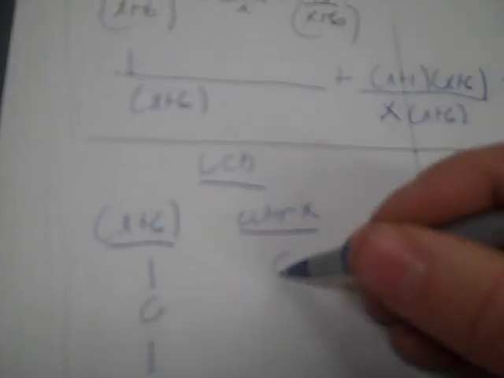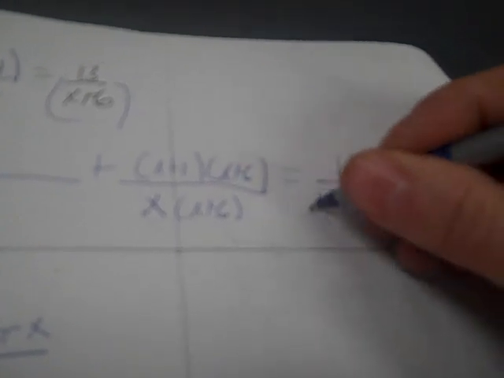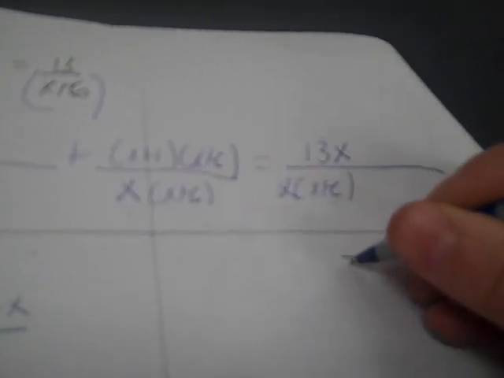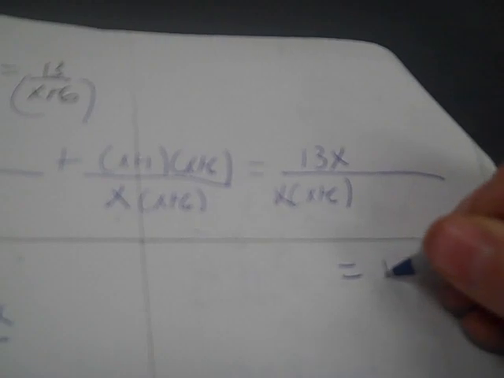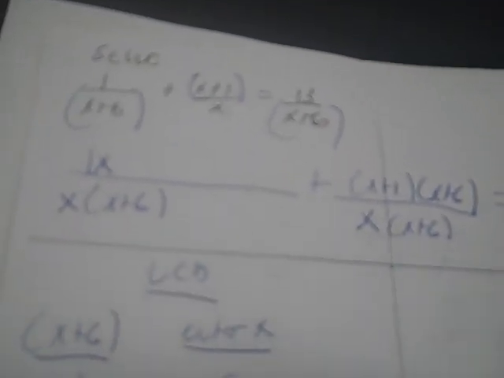Outer x, I got 0, 1, 0. Remember, if it's in parentheses, it doesn't count. So I put x, x. You can put times x if you want. Now this side, we just got 13x. I mean, there's nothing to multiply by. And this side, I go to my calculator.